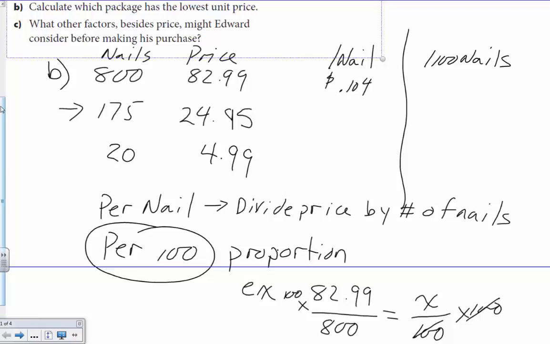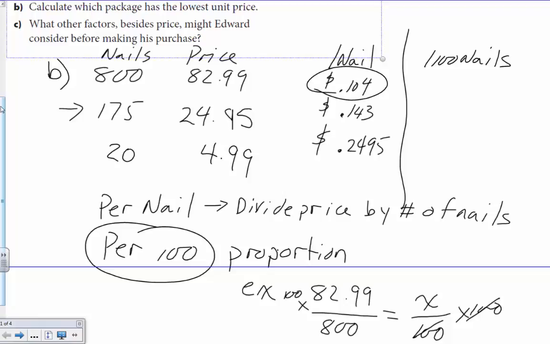Now $24.95 divided by 175, we're looking at $0.143, and then $4.99 divided by 20 tells me that this is going to be 0.2495. So, easily your best choice.